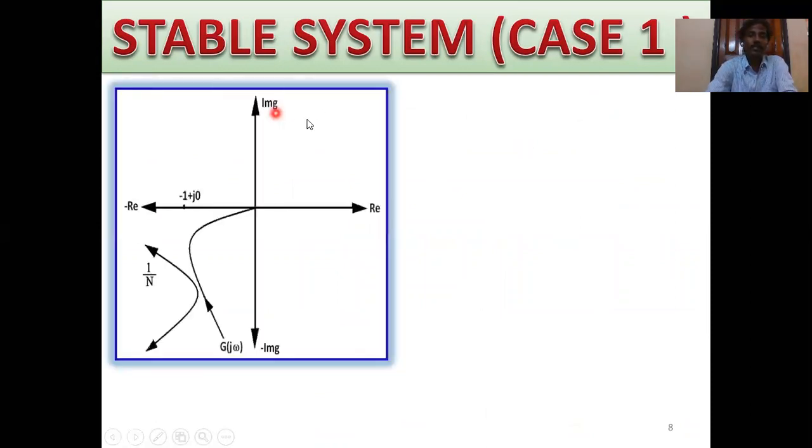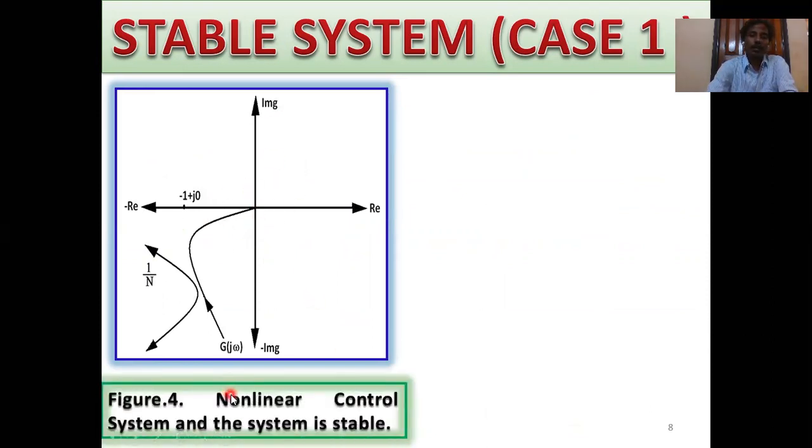What is the case? Stable systems. This is the nonlinear control system and the stable system diagram. This is the G of j omega locus, and this is the minus 1 by N locus for the nonlinear section.